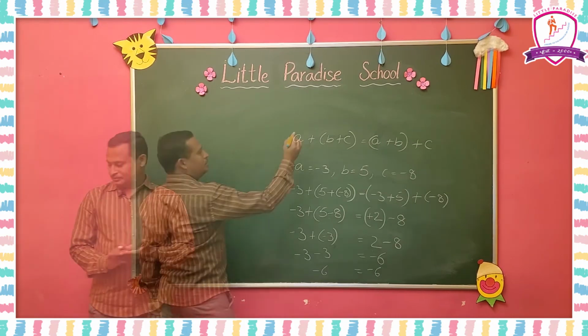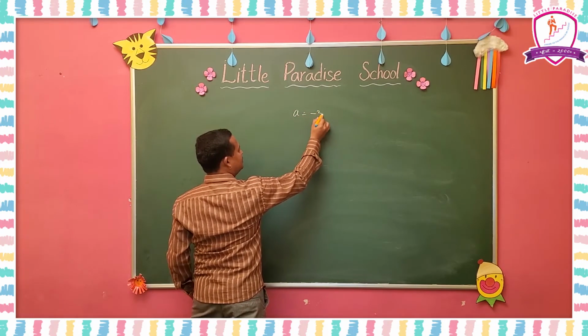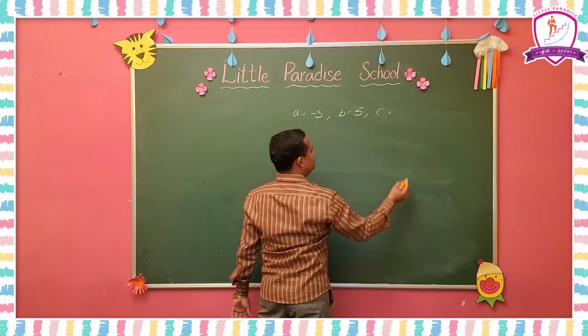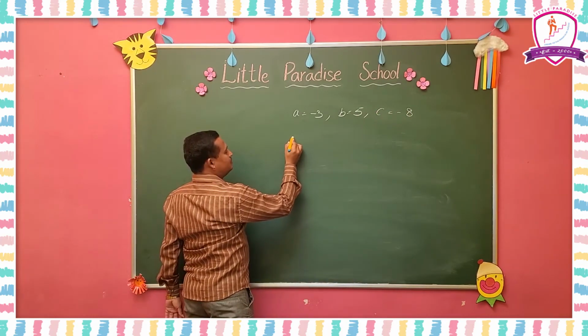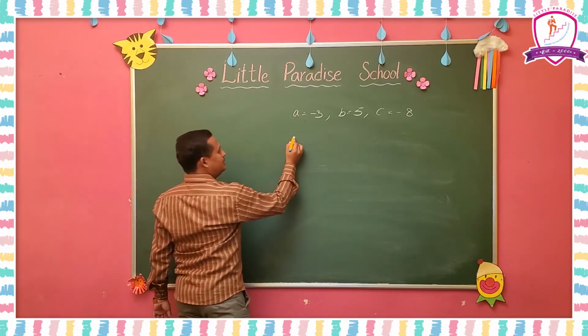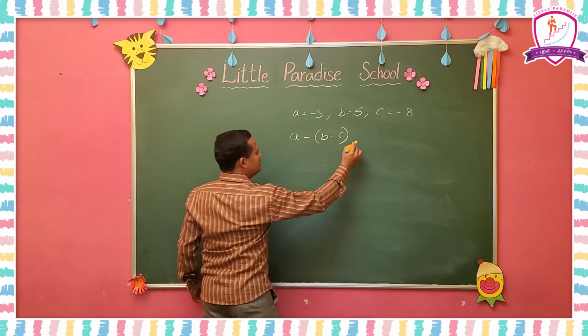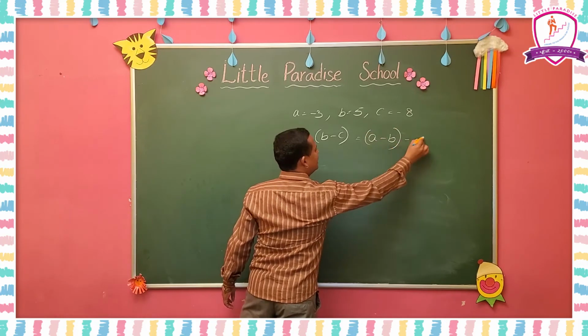For example, here a is equal to minus 3, b is equal to 5 and c is equal to minus 8. Associative under subtraction means a minus of b minus c is equal to a minus b minus c.